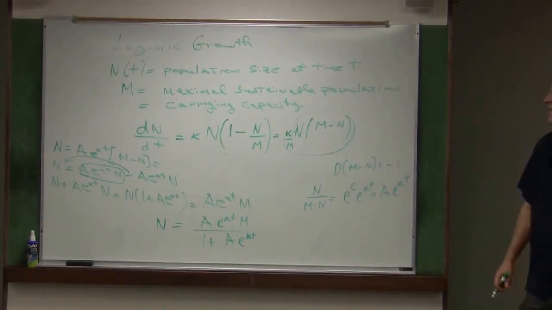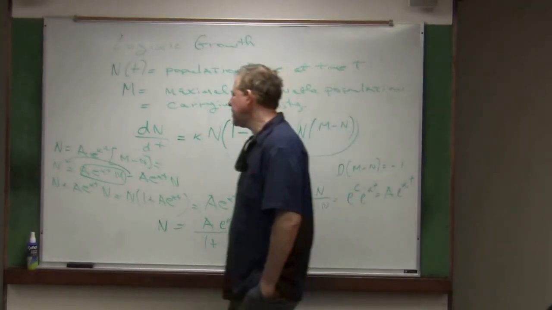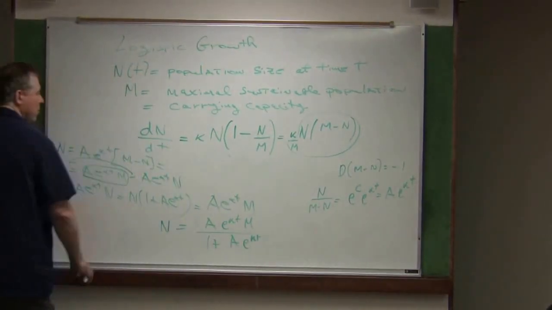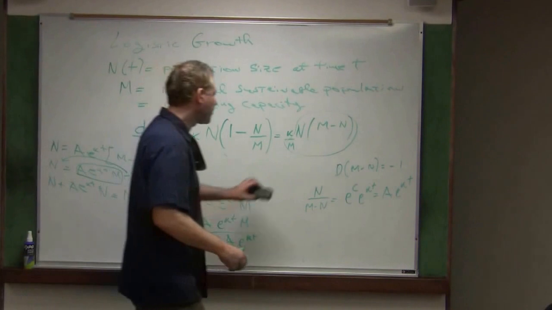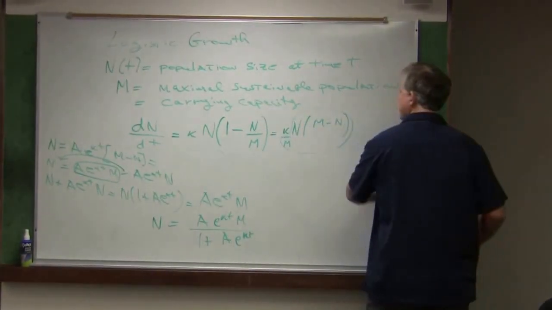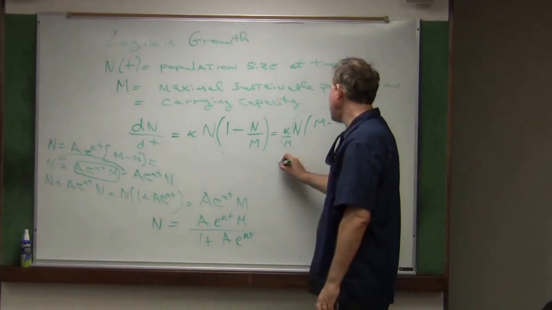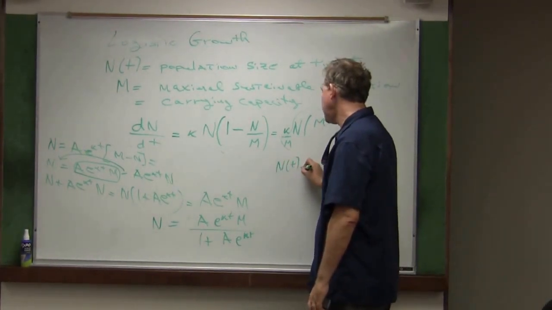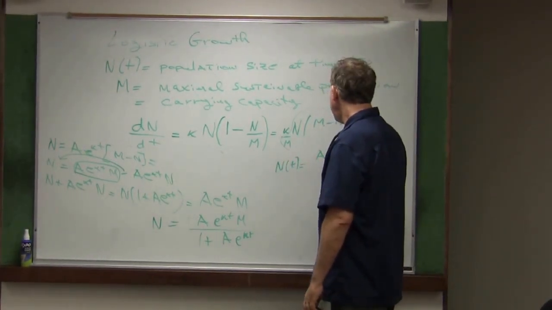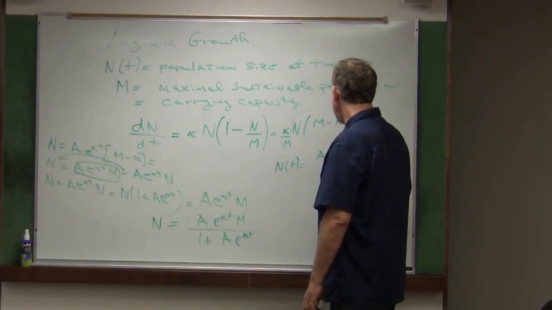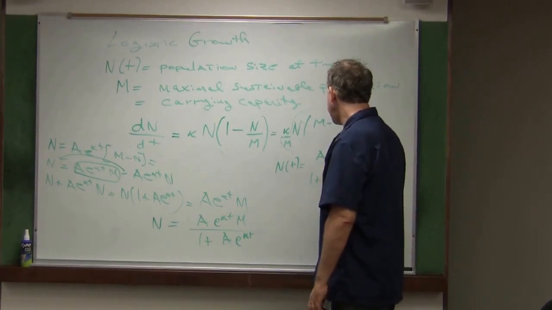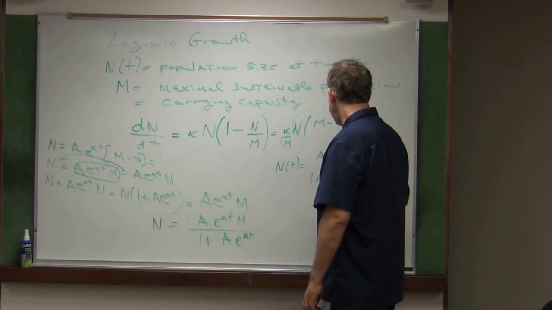Now that's not usually the slick form that they like it in. So n of t is a e to the kt m over 1 plus a e to the kt.